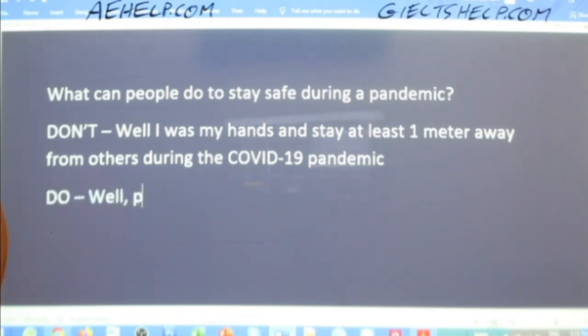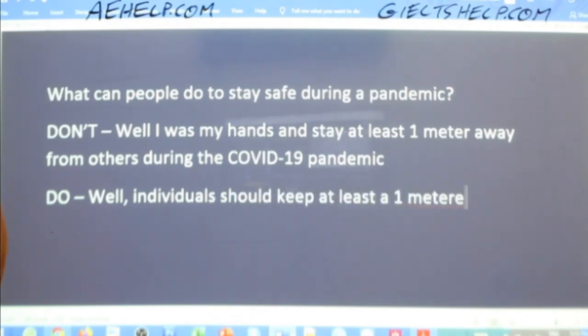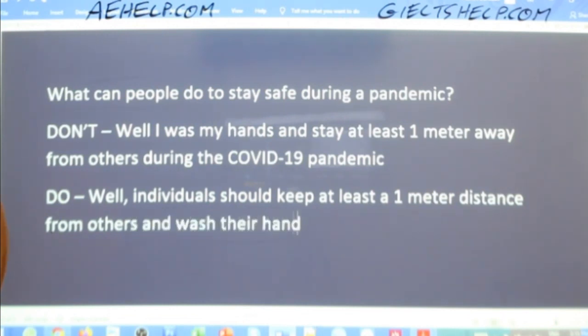Well, individuals should keep at least a 1 meter distance from others and wash their hands regularly.